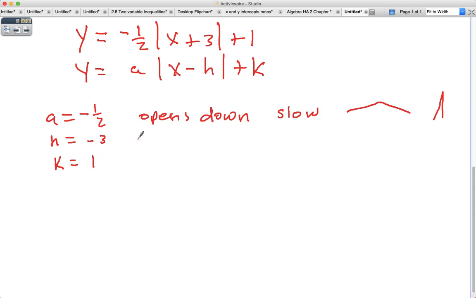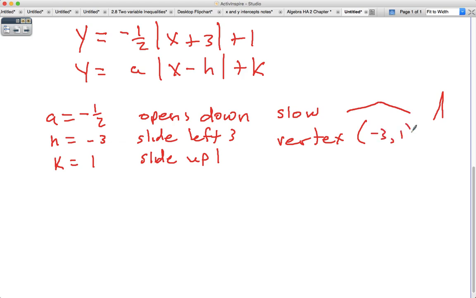So this means it slides left 3, and this slides up 1. My vertex will be negative 3, 1. That means my axis will be x equals negative 3. That's what splits it in half.